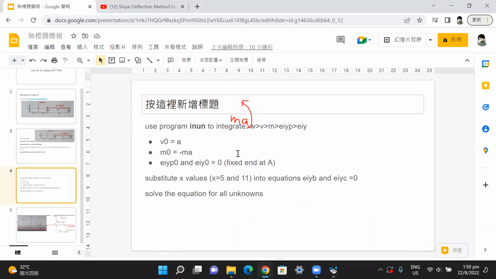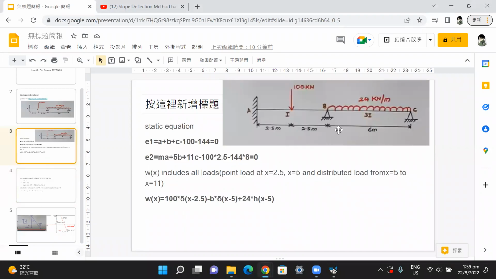And then because it is fixed at A, EIY prime naught and EIY naught should be equal to 0. Then we will substitute x values, x equals 5 and 11, into the equation EIY at B and EIY at C.